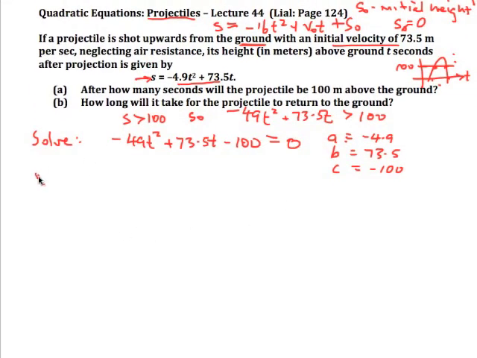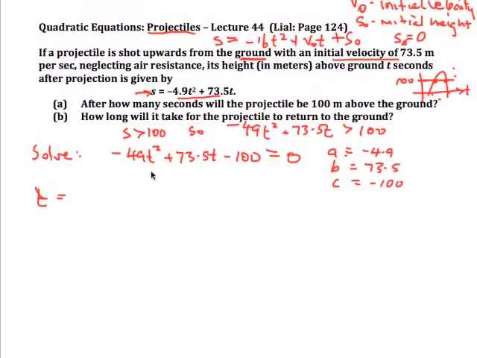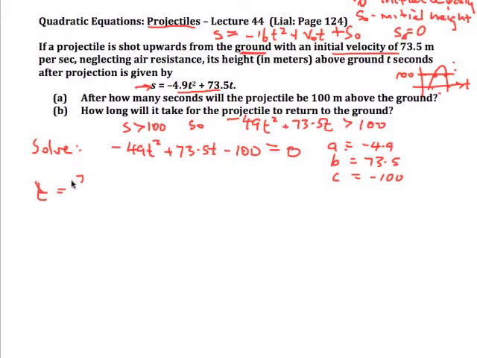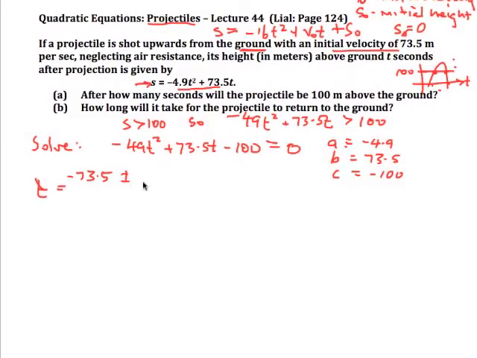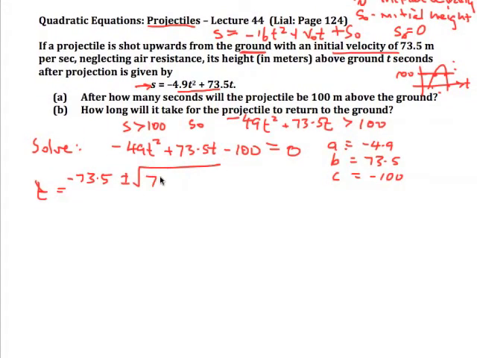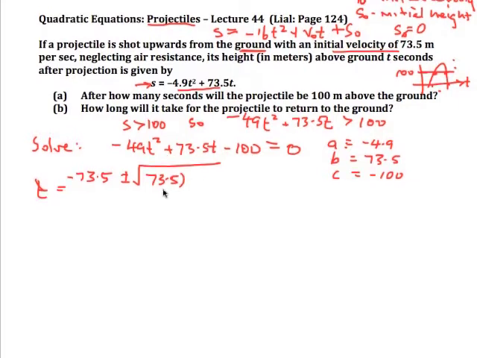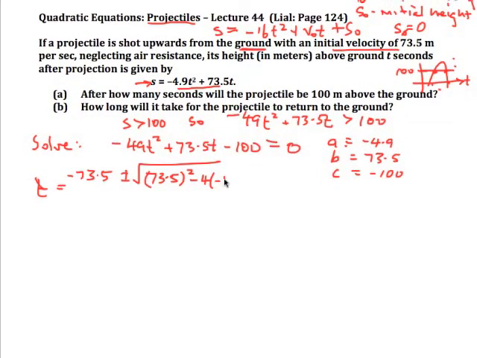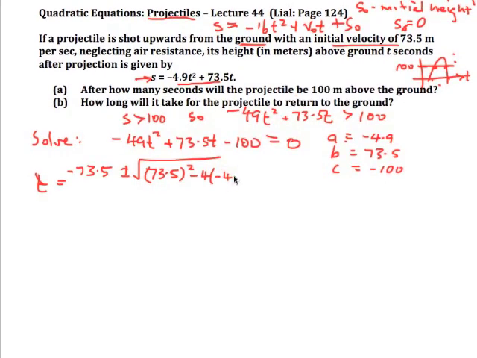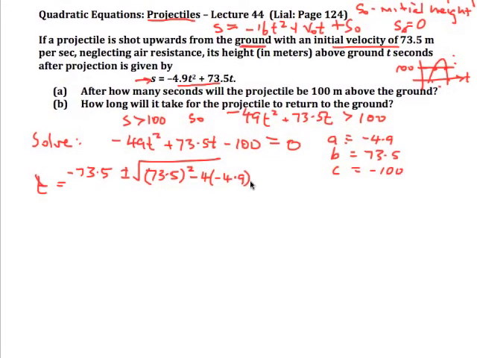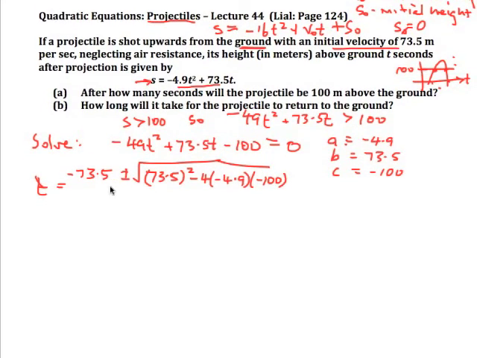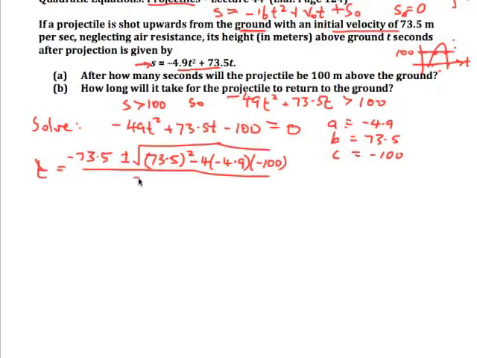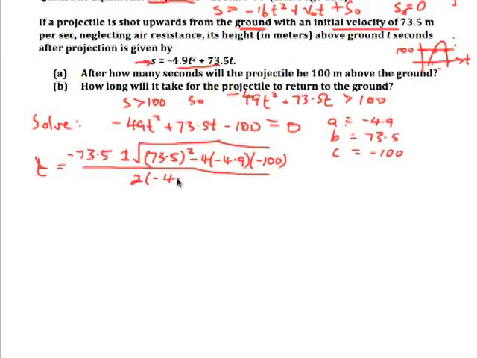Using our quadratic formula for t, it'll be negative b, which is negative 73.5, plus or minus the square root of 73.5 squared minus 4 times a times c, all over 2 times a, which is 2 times negative 4.9.